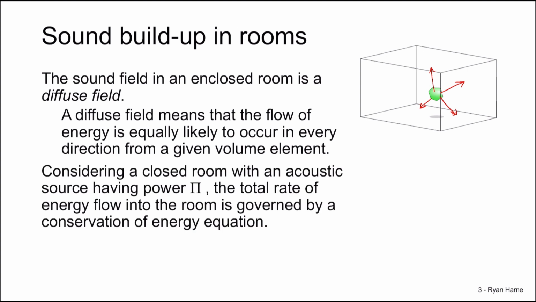In order to model how this diffuse field builds up, we consider a conservation of energy equation, where a sound source with acoustic power, capital Pi, is placed in a room. The total rate of change of energy flow into the room is governed by this conservation of energy equation.